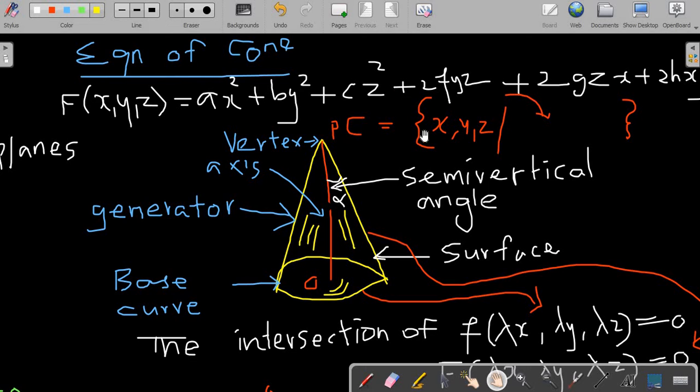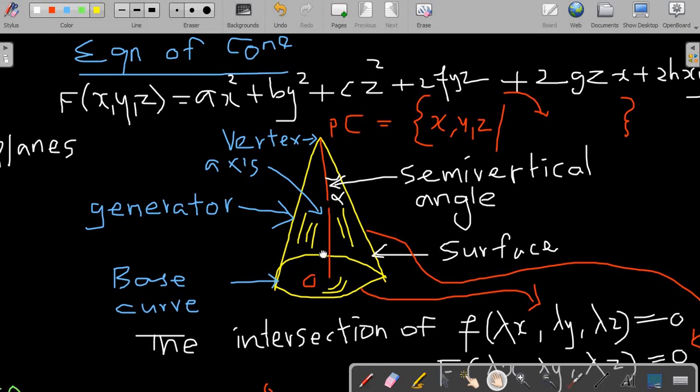I mean the set of points x comma y comma z which satisfies it, if you project this on three-dimensional space, you will get a picture like this, that we call a cone. So the intersection of this generator and this base curve definitely will give you a cone. That's what you have to understand.